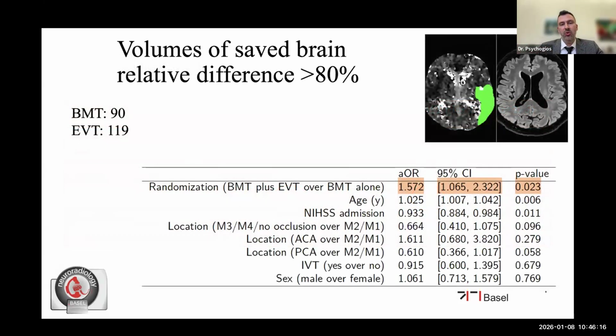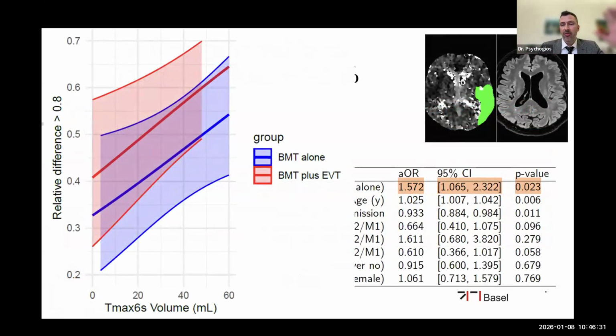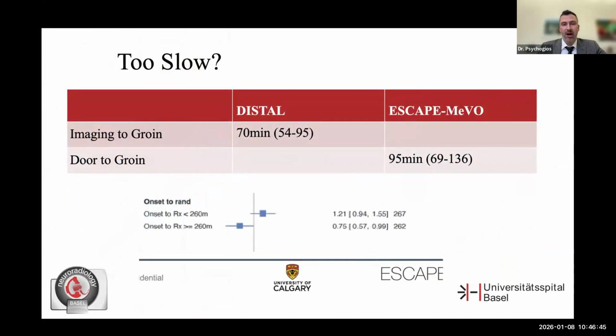And if we just stick to the perfect results, so over 80% of saved brain in an individual, these were around 200 people, so it's not a small group we are analyzing here, then you actually see that the trial can be positive, right? So if we stick to this biomarker in the future, maybe also with better technique and devices, we can then show that this is useful for our MeVO patients, right? So keep that in mind.